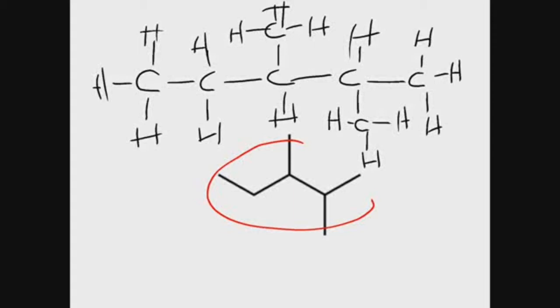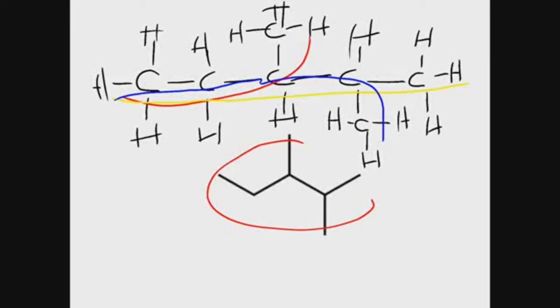Let me show you the different chains here. You can have from here to here. That is one chain there. You can have straightforward like this. That's another chain there. Or you can have from here to here. You see, there are three basic paths to follow in this compound.